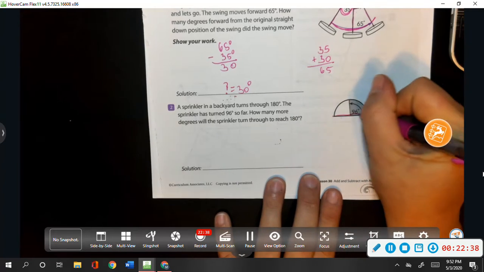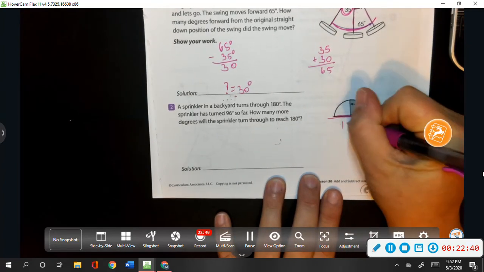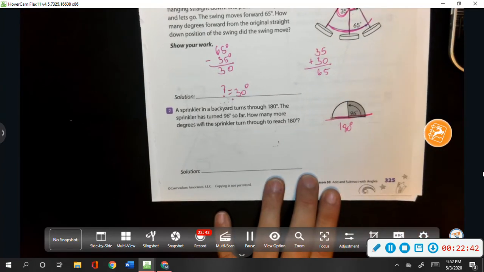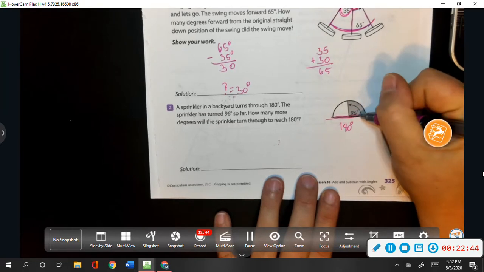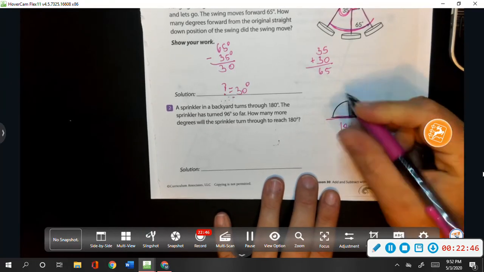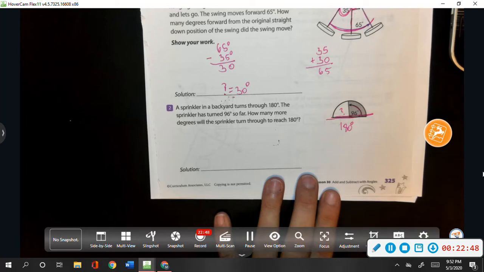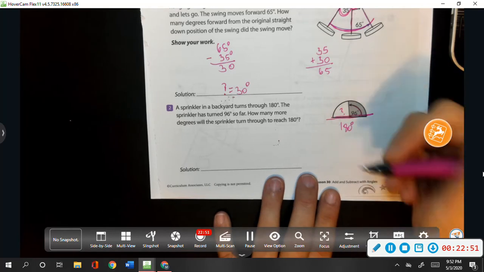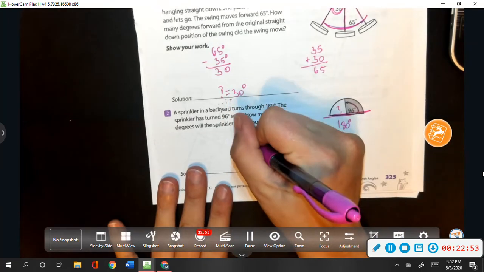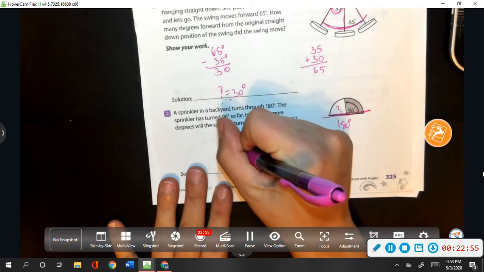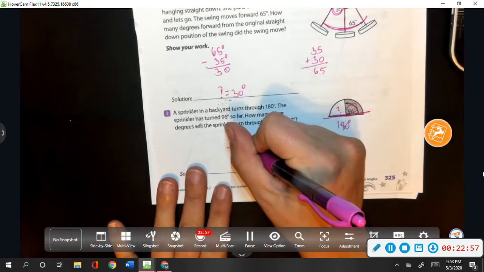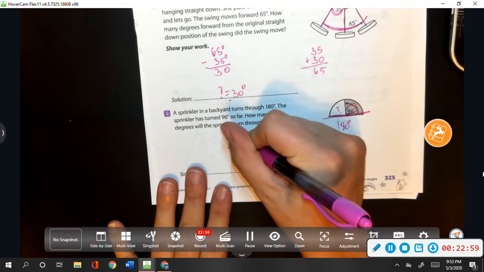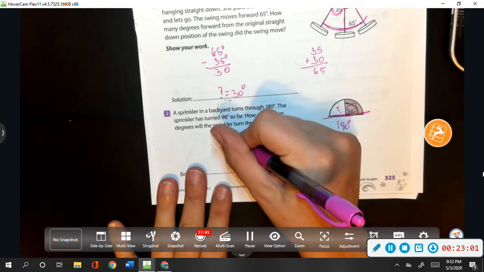So we have our composed angle, which is a straight angle, 180 degrees. So far, the sprinkler's gone 96 degrees. We want to know how much further it needs to go. And so we're going to find the difference. We're going to say 180 minus our known angle. We're going to have to borrow all the way across.